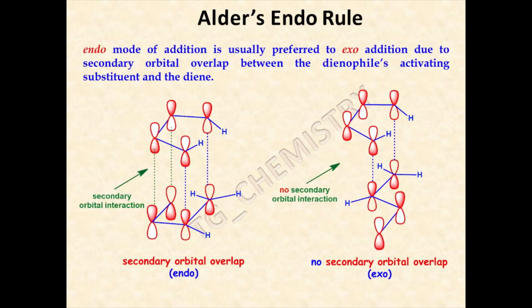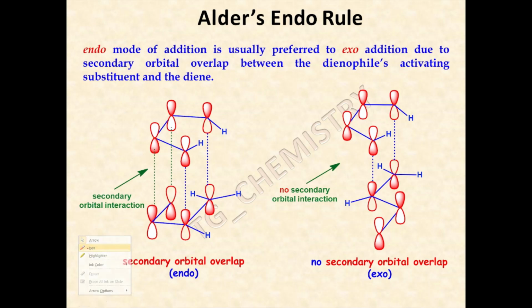Next comes the Alder's endo rule, which is very important to understand the orbital overlaps and the additional interactions associated with them. In that case, the endo mode of addition is usually preferred to the exo addition due to the secondary orbital overlap between the dienophile's activating substituent and the diene.